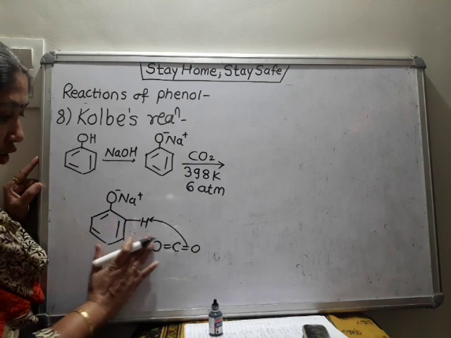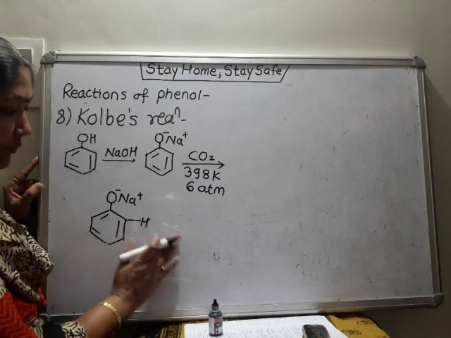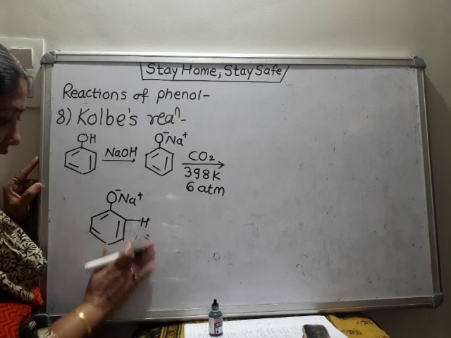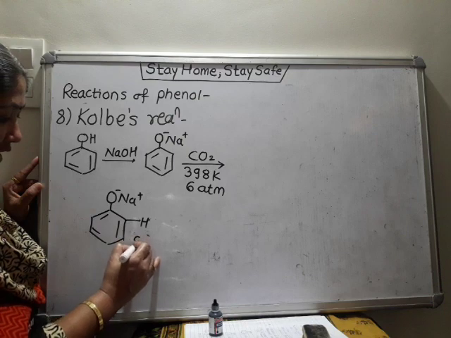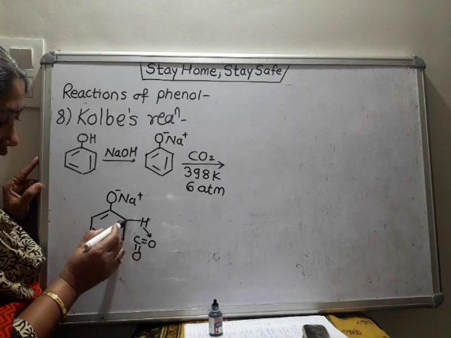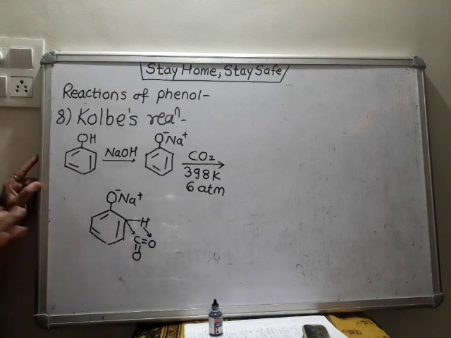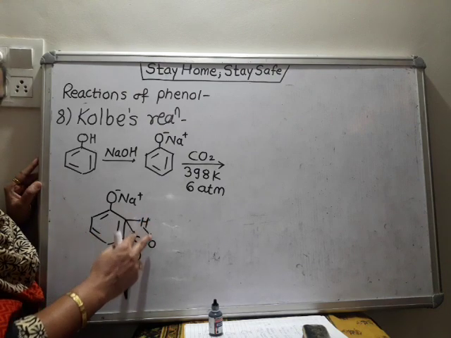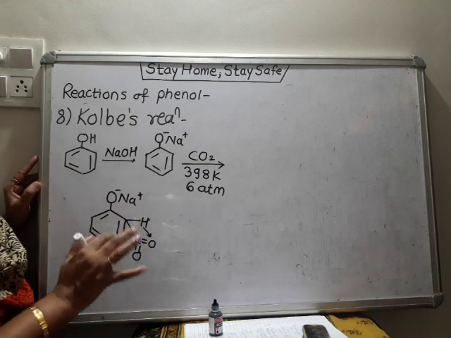In short, if I write it like this, just to understand, suppose this CO2 is like this. So H goes to this oxygen and carbon goes to this carbon. Got it? It means this double bond breaks and this carbon and hydrogen are added across this double bond.